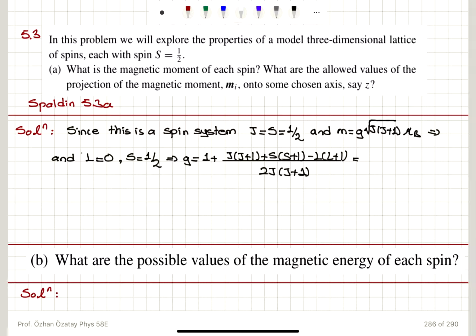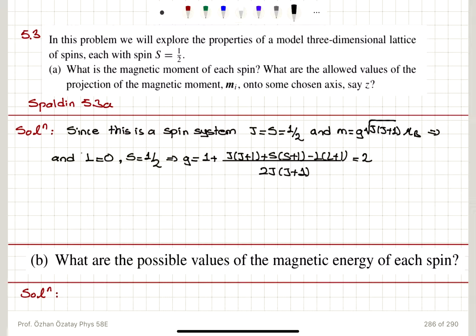So we have 1/2 times 1/2 plus 1, 3/2. So we get 3/4 plus 3/4, 6/4 divided by 2 times 1/2 and then 3/2. So that gives us 2. Because this is equal to 1 plus 1 is equal to 2.